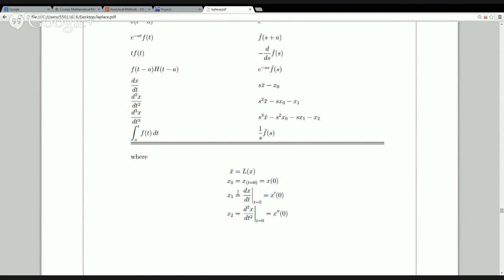So we're going to see what happens to the a, b, and c. Multiplying s squared, you've got a plus c times s squared. Multiplying s, you've got a plus b. And the constants, you've got b plus c. Is that right?